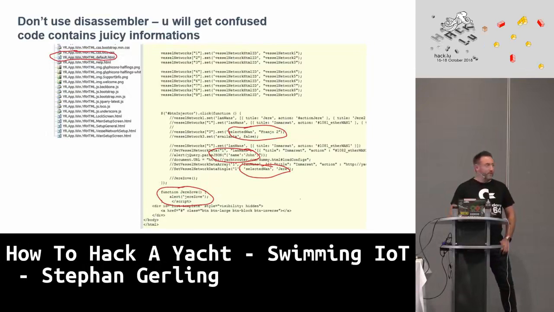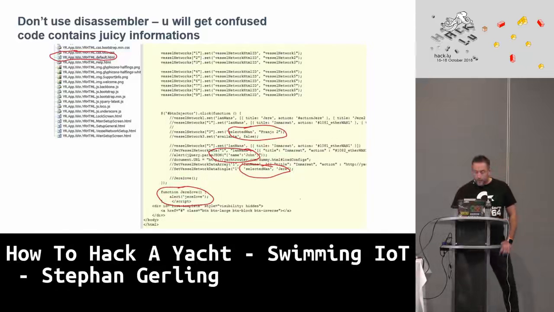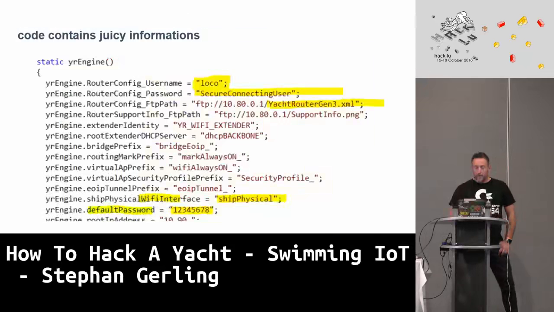So in this case, it was a .NET application. I used an IL file to analyze it and then looked for juicy information in that. So here in the red parts, we have already some kind of usernames and other information. And then also the part of the program that is responsible for the FTP connection.